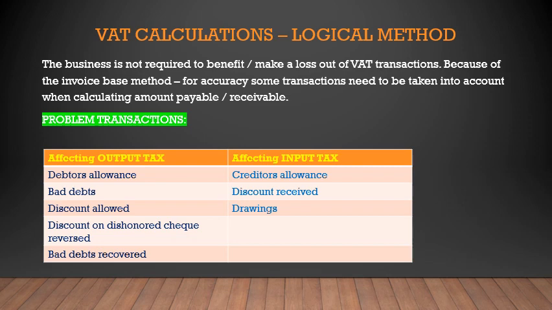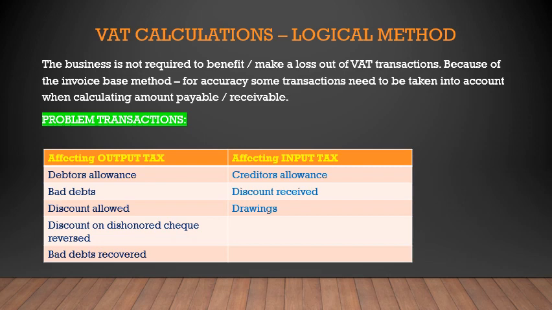The business, like I said, is not required to benefit or to make a loss out of VAT transactions. Now, because of the invoice-based method, for accuracy some transactions need to be taken into account when calculating amount payable or receivable. I have called these transactions problem transactions.